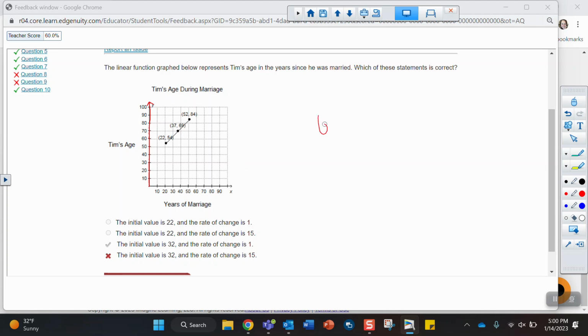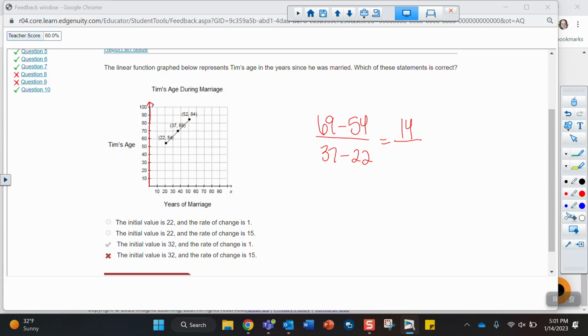So if I do 69 minus 54, and 37 minus 22, that's 14 over, right? No, 15. 15 over 15. 69 minus 54 is 15, 37 minus 22 is 15. Yeah, the rate of change is 1.